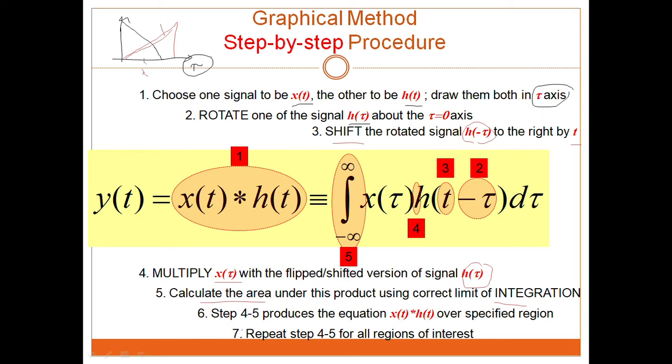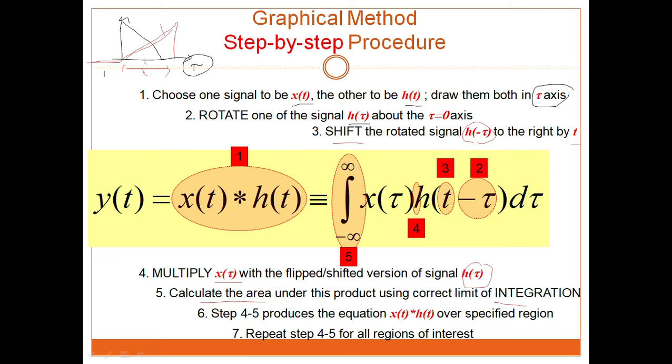Now we want to repeat steps 4 to 5 over a specified region. So if we have covered all the region, we maybe want to check what happened at this region, number 1, and what happened at this region when h(t) and x(t) multiply each other.